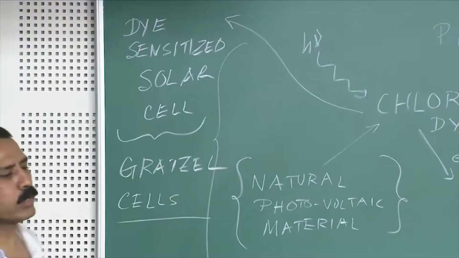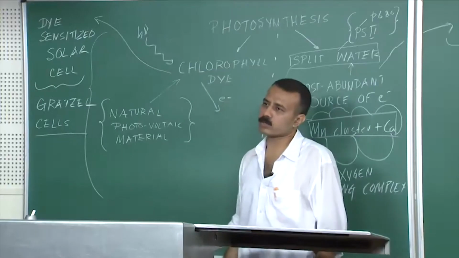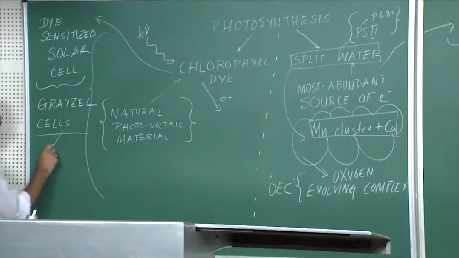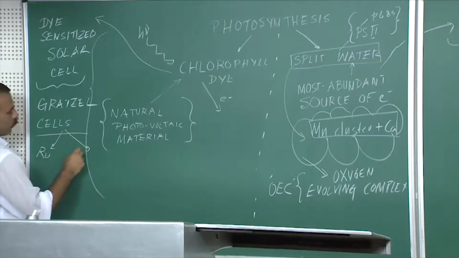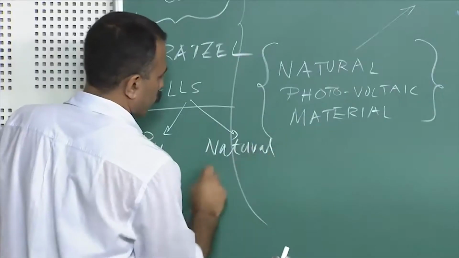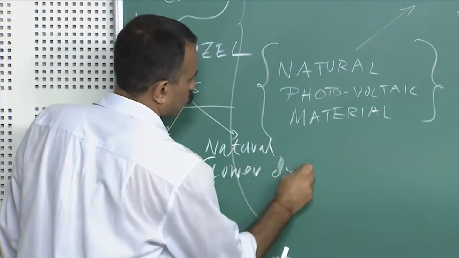So, we will have a totally separate lecture on Gretzel cells or dye sensitized solar cells, what the different dyes are, and in that you will come across several dyes, ruthenium dyes, natural flower dyes, and so forth.